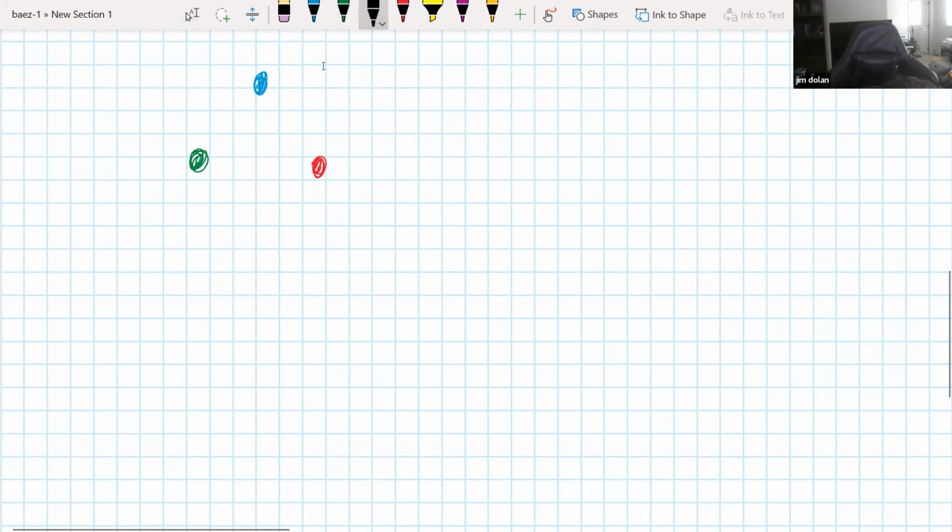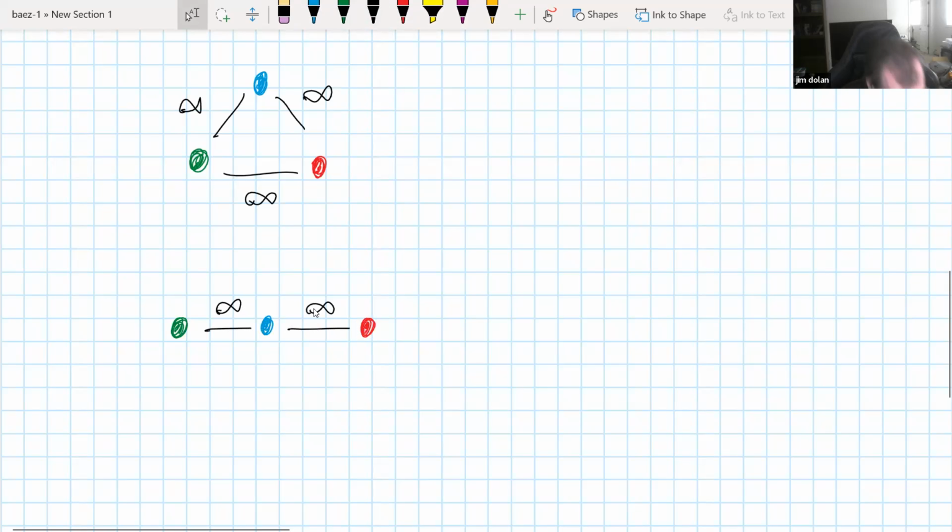Like I say, this is a very equilateral one, because it's got the same marking on each edge, which is infinity. The next one is much more like a straight line. There's a homomorphism from this one.